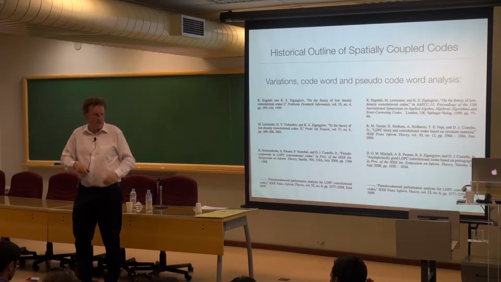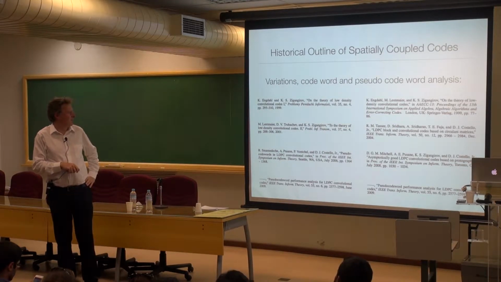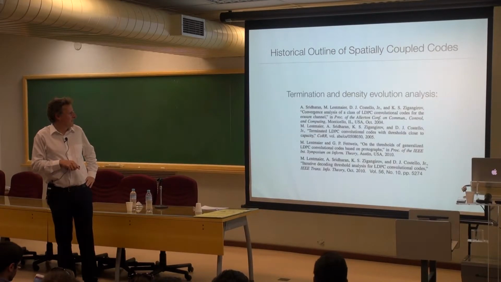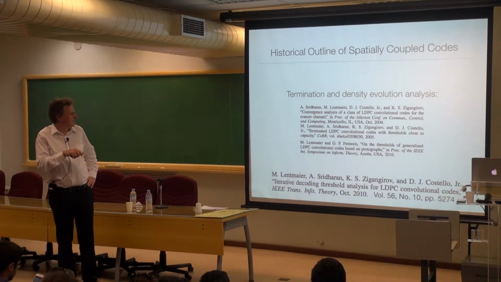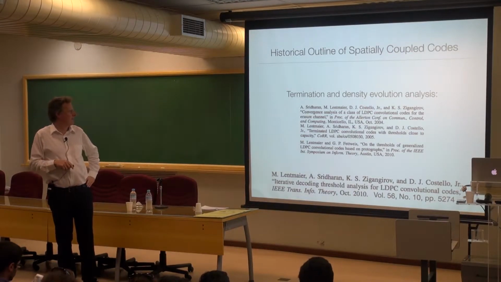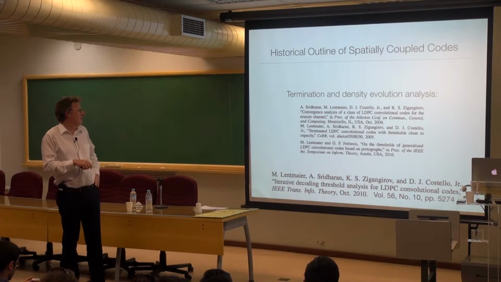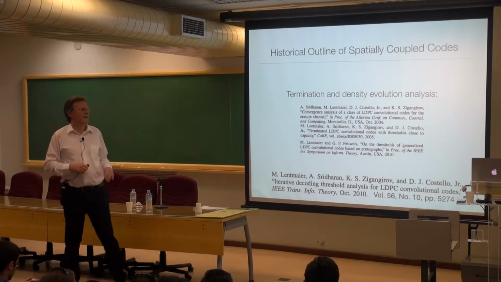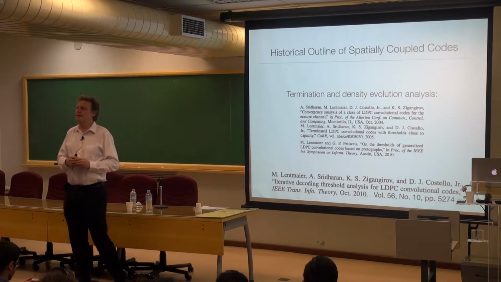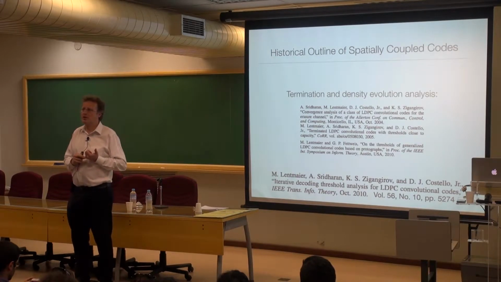Okay, so there were quite some papers by a set of people that you see now here, and various variations appearing. Now, something that then was quite important, and this was particularly a set of people around the group of Dan Costello, was this paper here. And so what happened is that in some previous papers, people started suddenly, number one, to have some termination in there, okay?